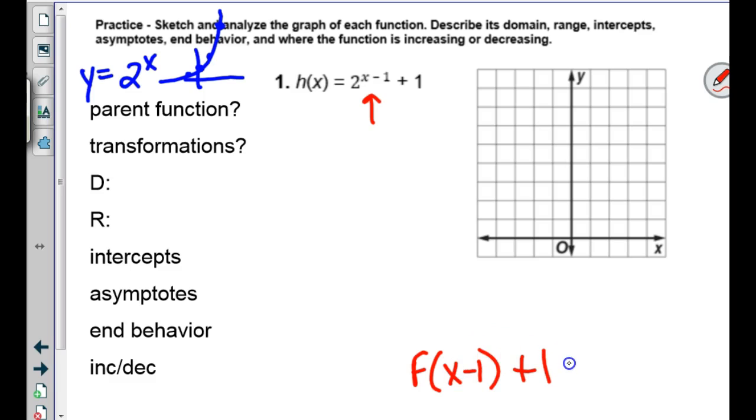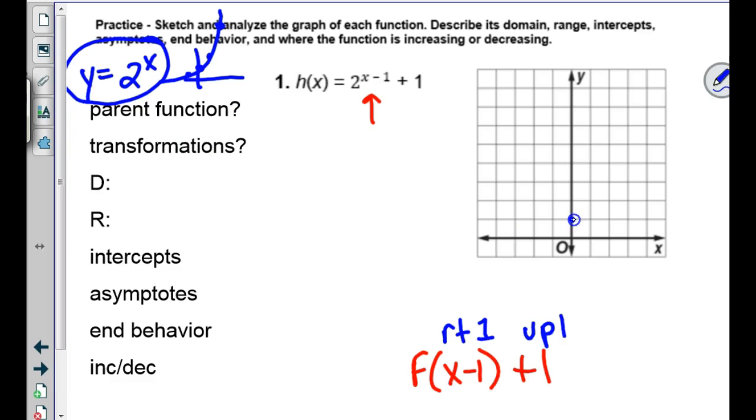Right 1 and up 1. Yes? No? Anybody awake out there? The 2 is the function itself. This is f of x. Okay? Right 1, up 1.